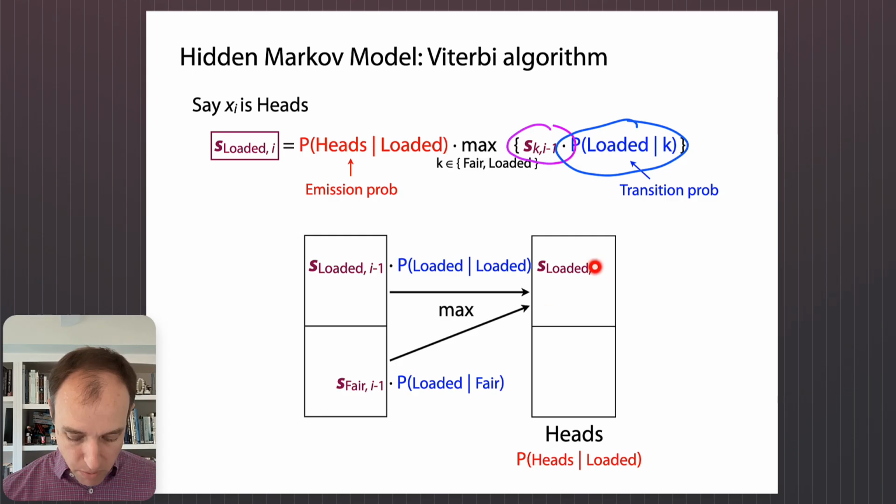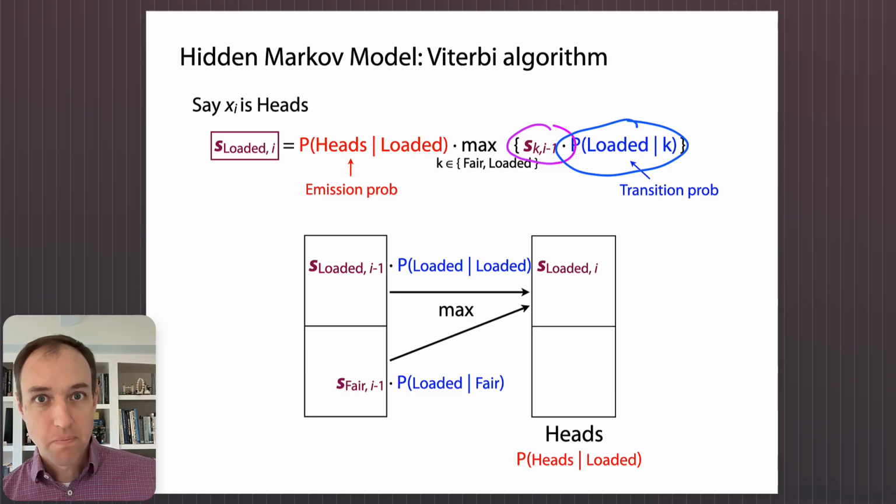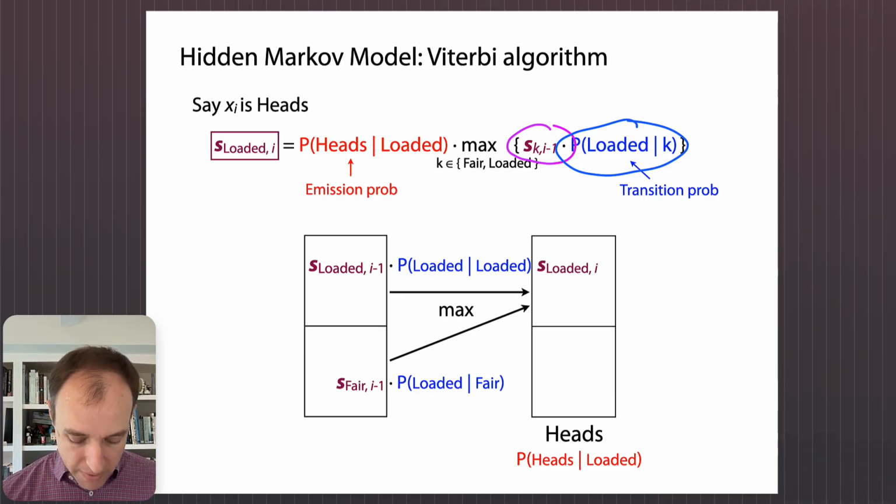We're trying to compute this partial maximum joint probability here. We have our emission probability down here, and we always have to multiply that in to get this probability. But then we also have to take the max of two possibilities. One is that we were loaded in the previous step, and therefore the transition that we conducted was loaded to loaded, so we have to multiply in that probability.